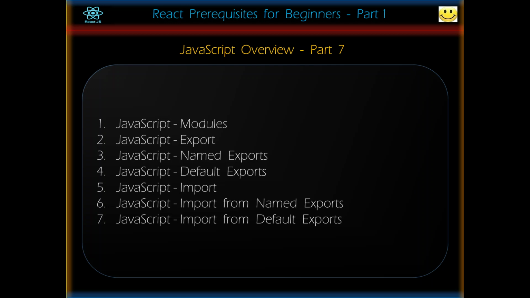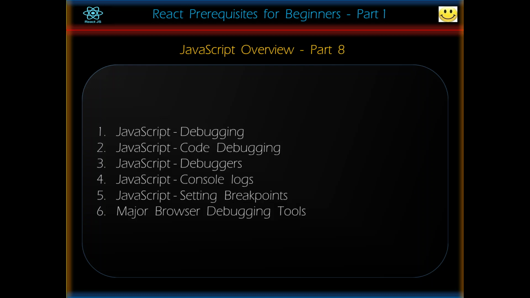We will learn about modules, export, named export, default export, import, import from named export, import from default exports. In the next lecture, JavaScript overview, part 8. We will learn about debugging, code debugging, debuggers, console logs, setting breakpoints, major browser debugging tools.